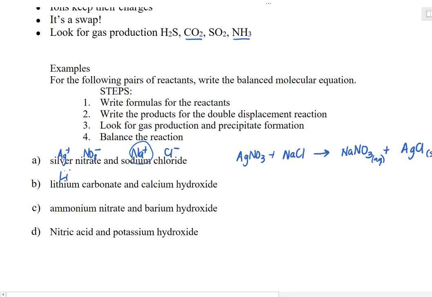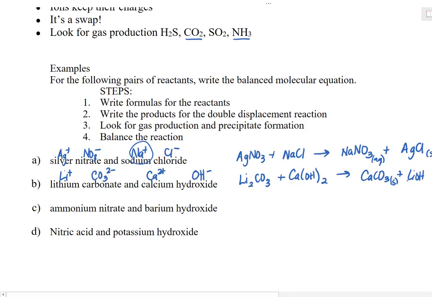My next one: lithium is Li+, carbonate is CO3 2-, calcium is Ca2+, hydroxide is OH-. So in my reactants, I have Li2CO3 plus Ca(OH)2, and I'm going to cross over and I make CaCO3, which based on the solubility rules is a solid, plus LiOH.